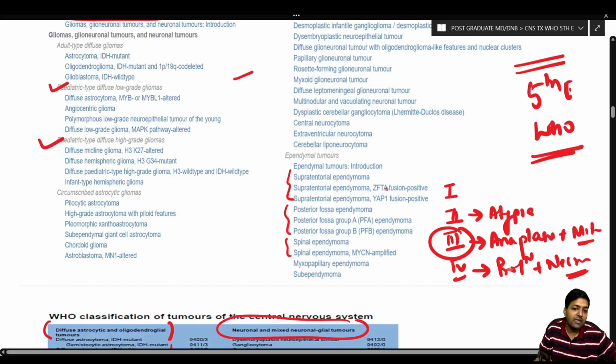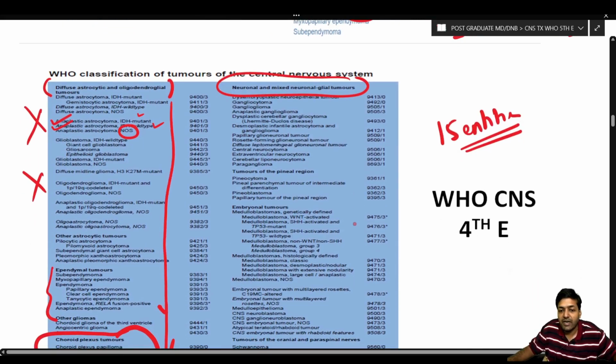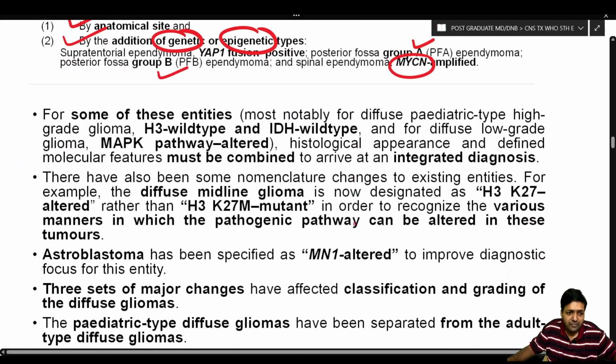Also certain genetic and epigenetic changes have been introduced, like ZFTA positive tumors, YAP1 positive tumors. So this becomes very important. MYCN amplified tumors. Again, these are very important changes that have been introduced in the ependymal tumors.